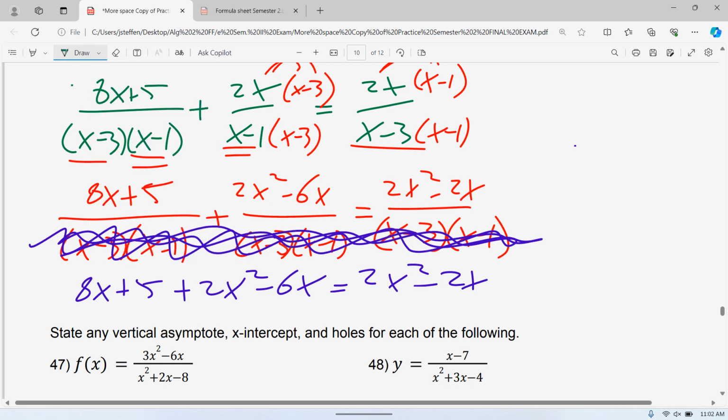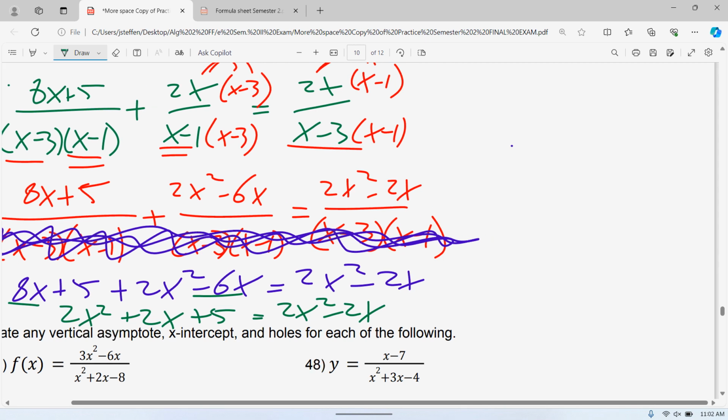So we have 2x squared plus 2x plus 5. This side we have 2x squared minus 2x. Let me rewrite that up here: 2x squared plus 2x plus 5 is equal to 2x squared minus 2x.